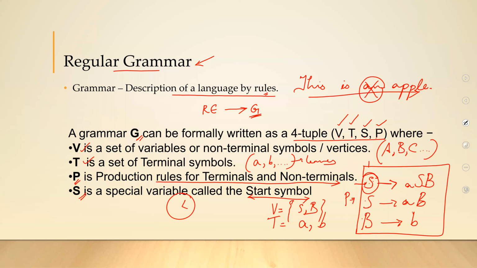Whether the language is accepted or not, you can do it with the help of automata. Whether you can accept a language or not, your automata will tell you. The same way, to generate your language, your grammar will be helping you. So I can say grammar is a set of rules which can generate a given language.